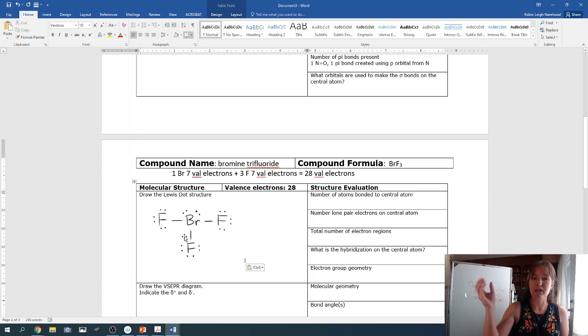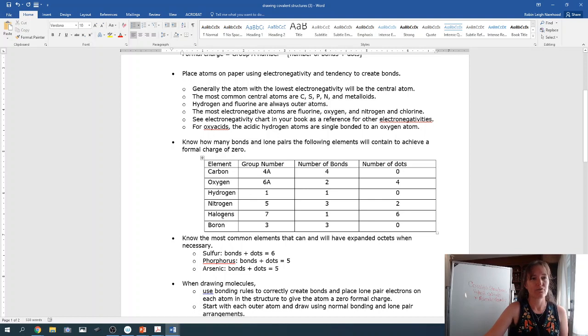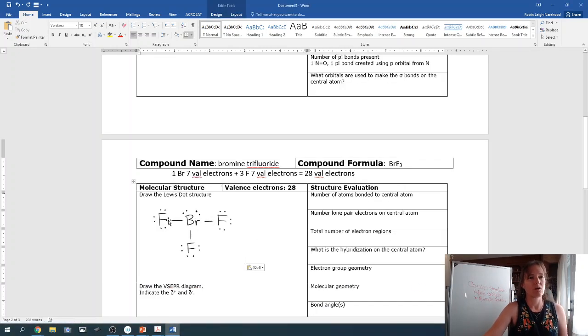You always start on the outer atom, and for every outer atom you use the rule for that atom to draw it correctly. So fluorine is a halogen, and for a halogen you put 1 bond and 6 dots. So the outer atoms: 1 bond and 6 dots, 1 bond and 6 dots, 1 bond and 6 dots.